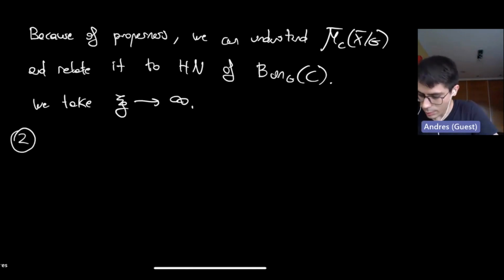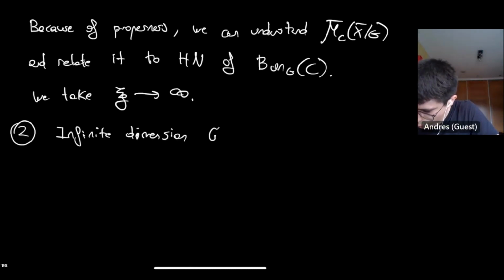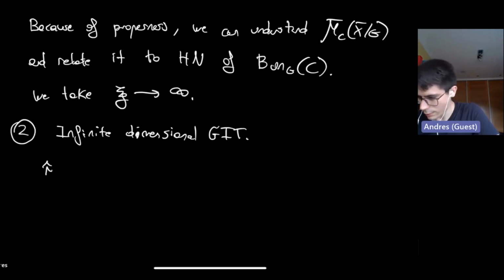The other idea is, maybe I should just say that this would take maybe another talk, but we have this idea of infinite dimensional GIT, which was developed in joint work with Halpern-Leistner and Jones.